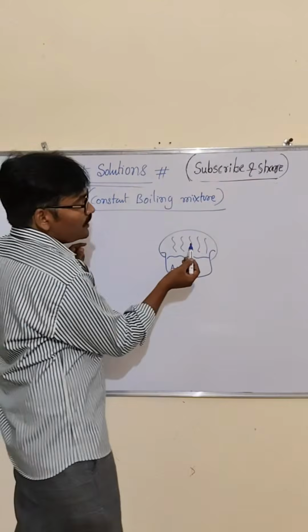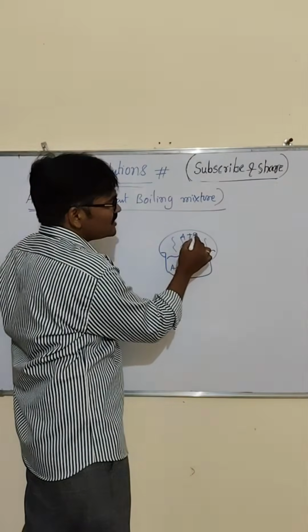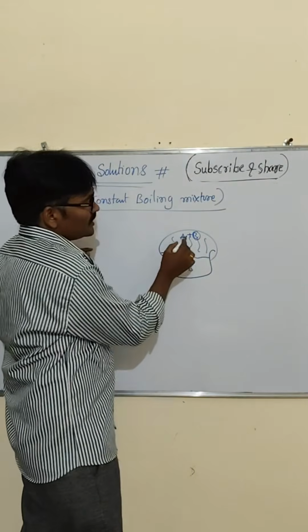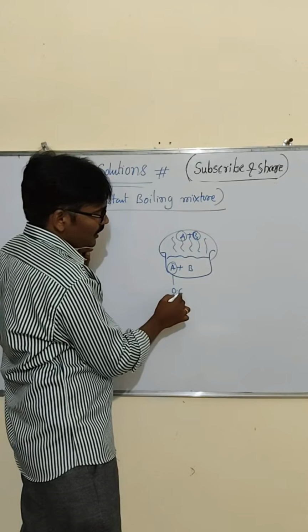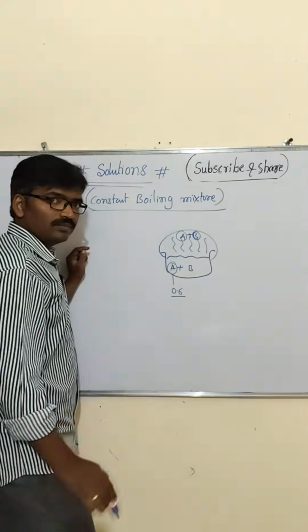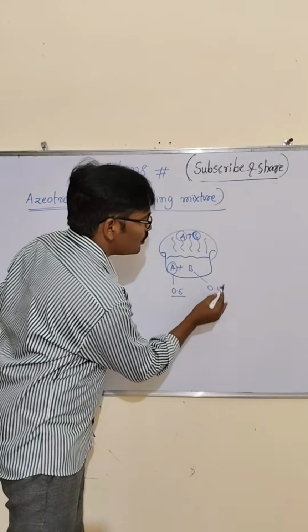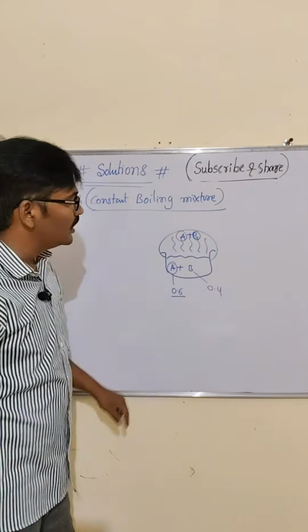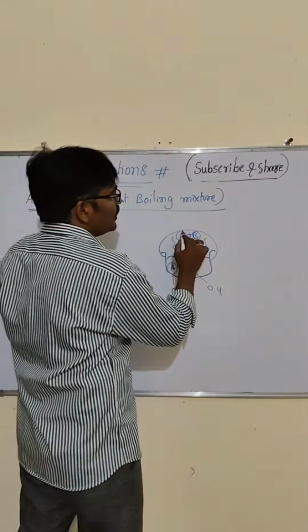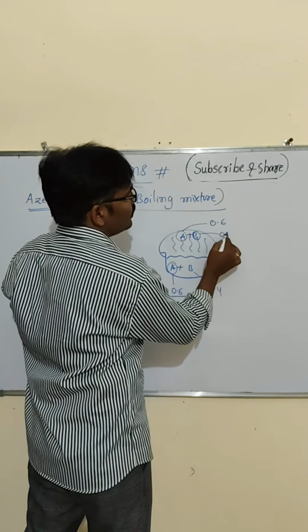Even in this vapor state, A component and B component are there. Here A component, just assume it is 0.6 mole fraction, and here 0.4 is the mole fraction. Even in the vapor state, 0.6 and 0.4 will be there.